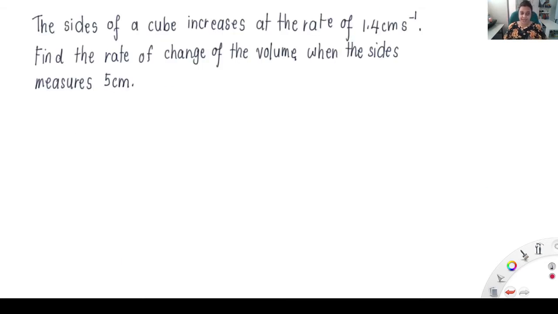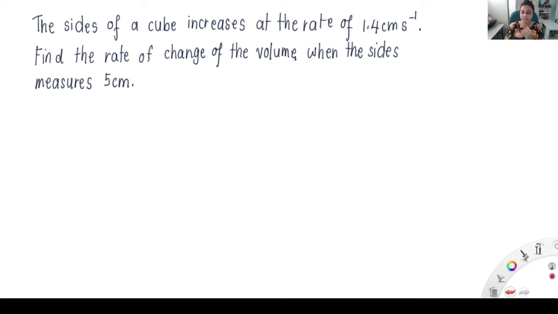Now let's look at an example where most of the time you need to know the formula of volume or area of the cube, cuboid, pyramid, cylinder, all these things that you learned last time in form 1 to form 3.